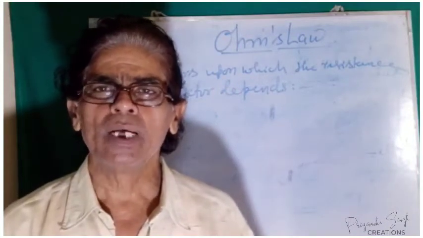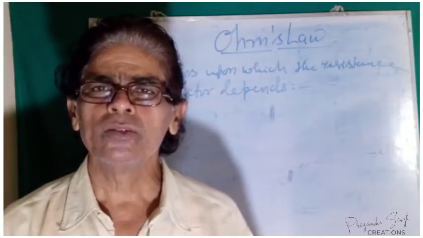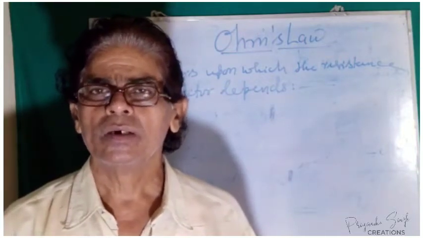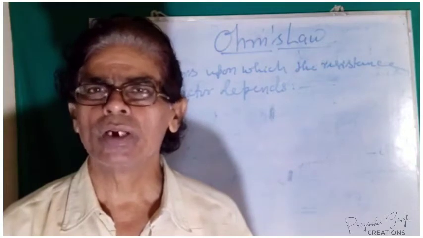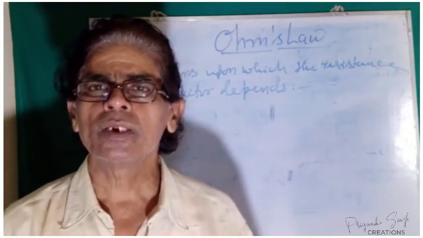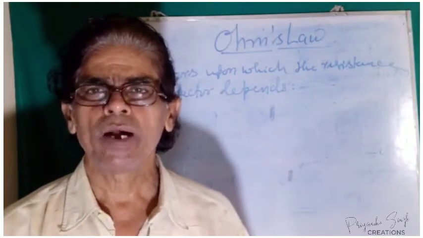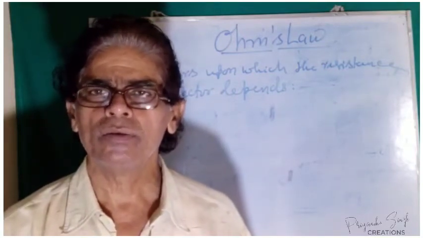Means if the length of the given conductor is increased to twice its original length, the resistance of the conductor becomes double, twice the initial value.